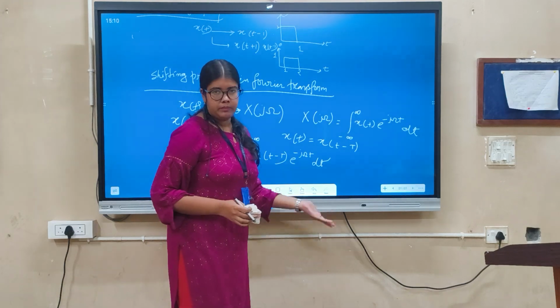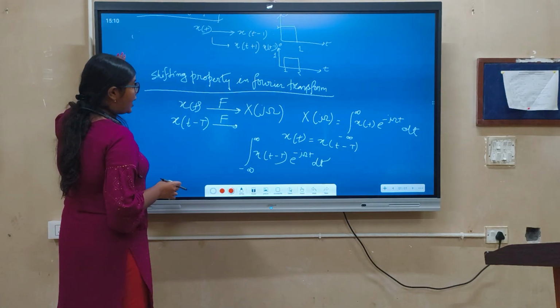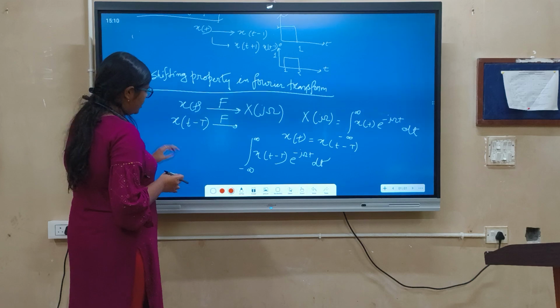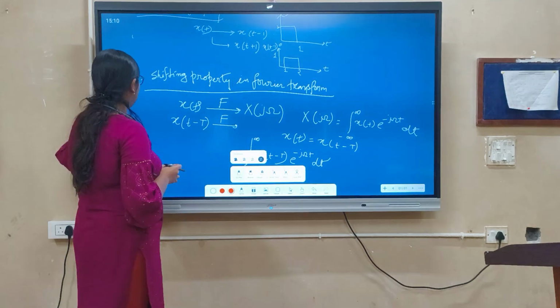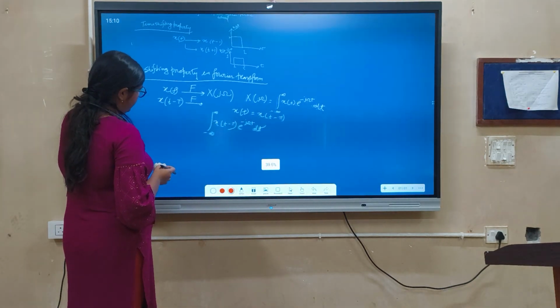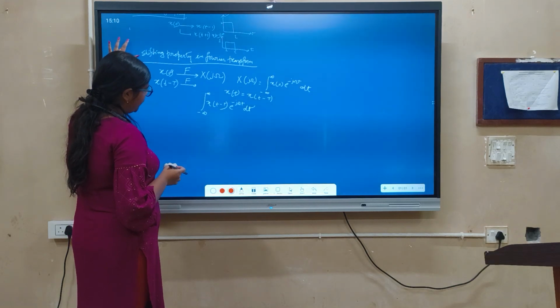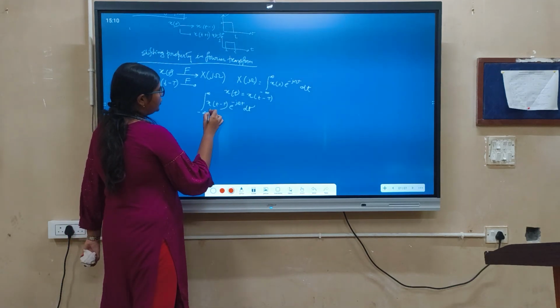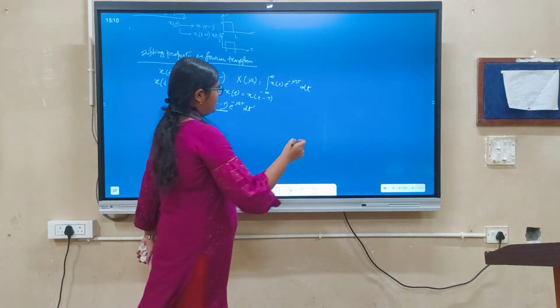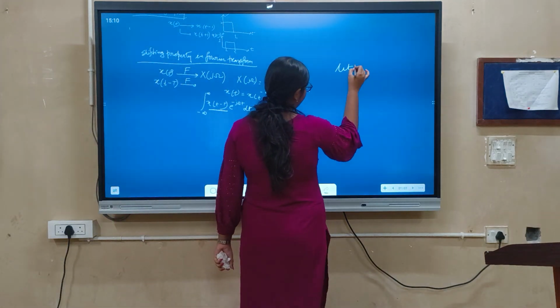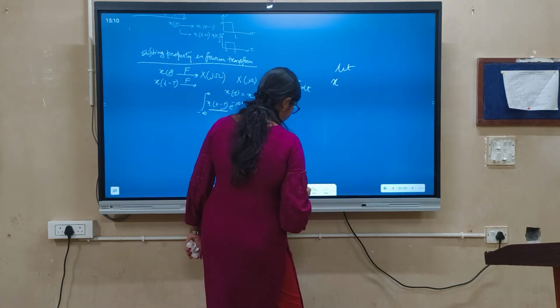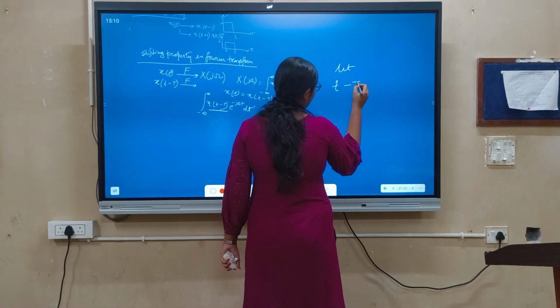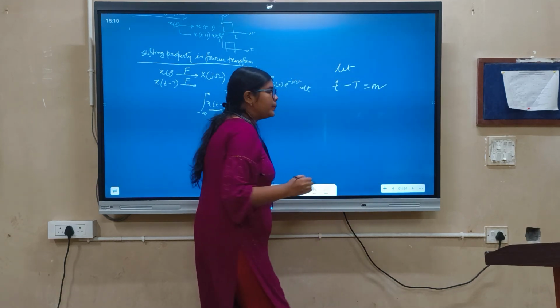The remaining portions are the same. Now, what we have to do with the signal? We can substitute x of t minus T this way. Let t minus T equal m.